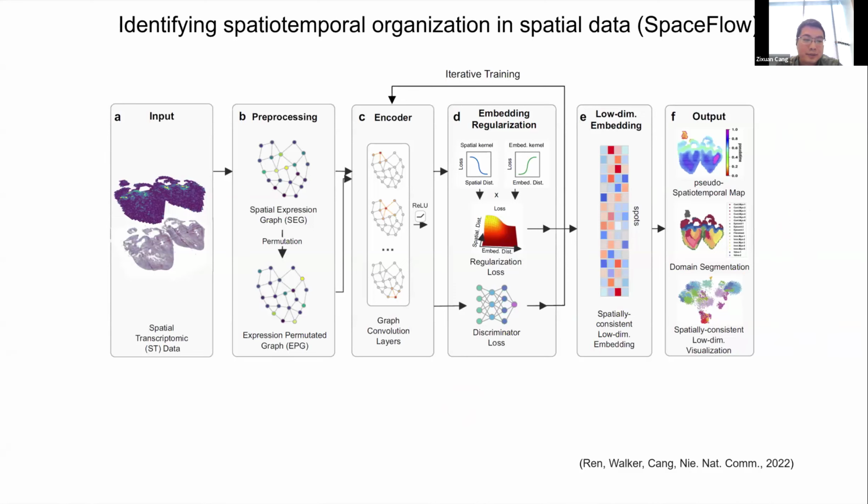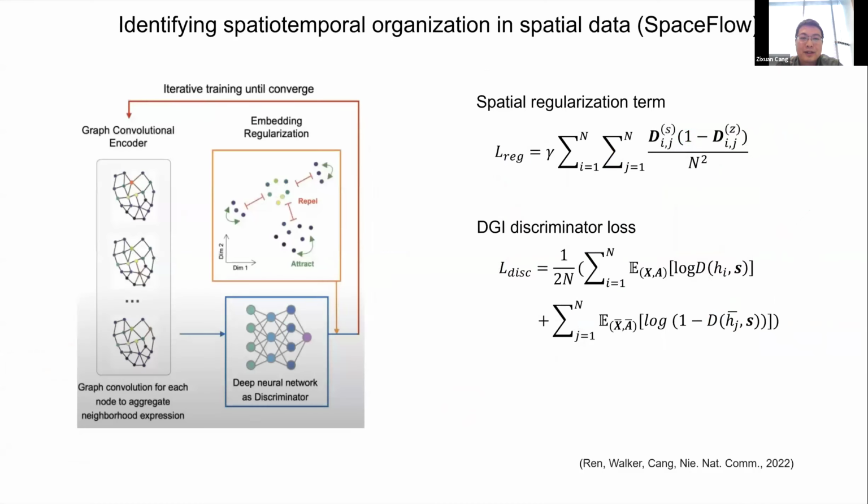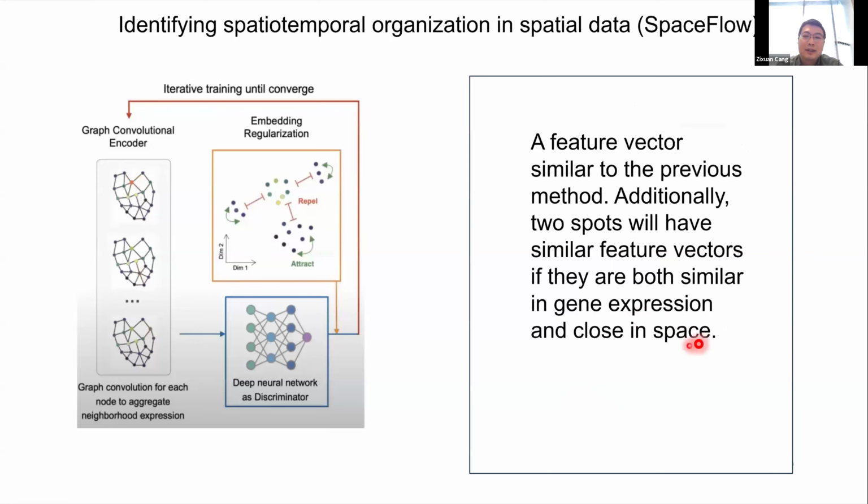For this, based on the previous work, we introduce one additional simple loss term such that, in addition to a feature vector that describes the gene expression at spots and its neighbors, we promote a low-dimensional embedding such that two spots will have similar feature vectors only if they're both similar in gene expression and also close in space.